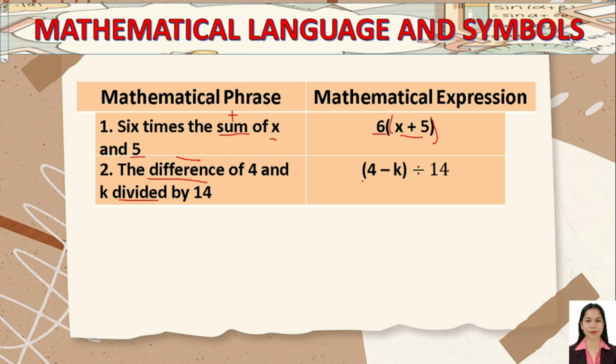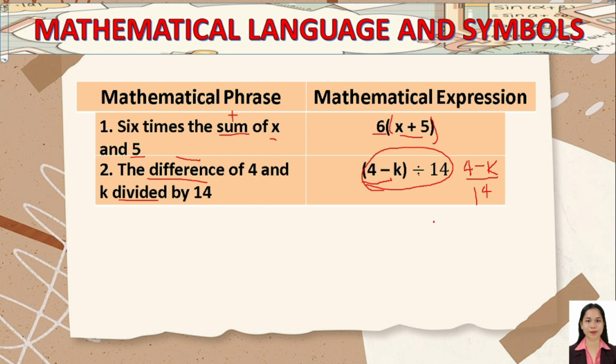So, in a mathematical expression, we subtract 4 minus k, then divide it by 14. Or we can write this as a fraction, 4 minus k over 14. So you can rewrite this with the division sign as a fraction.